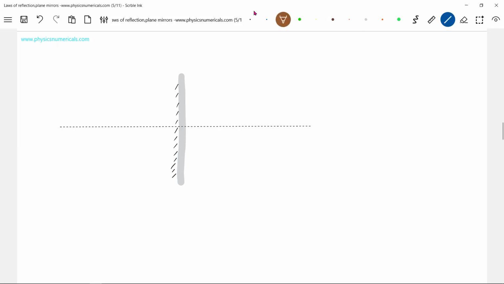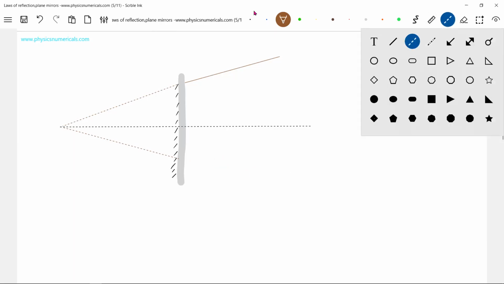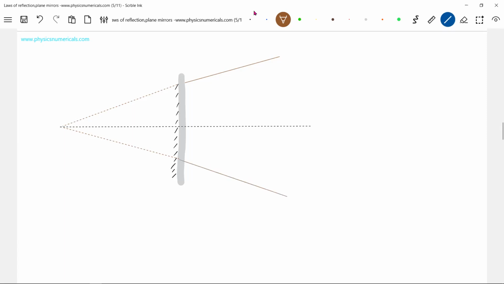The point of convergence should be the position of the real image. Okay, no. So what is this? This is the incident ray. And what's happening to the incident ray? They're appearing to converge at a point.